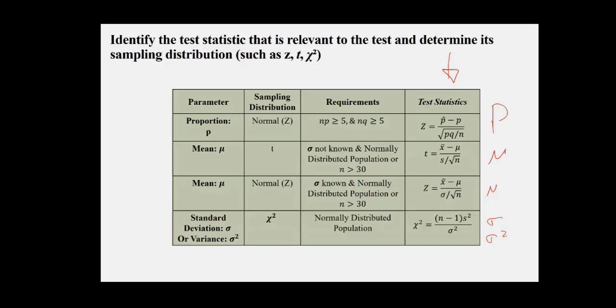So if you're dealing with a proportion, your Z is p hat minus p over square root of pq over n. If you're dealing with mean, mu, it depends on whether sigma is known or not. If it's known, z is x bar minus mu over sigma over square root of n. And if it's not, you use the t. Finally, if you're using standard deviation or variance, then chi-squared is n minus 1 s squared over sigma squared.